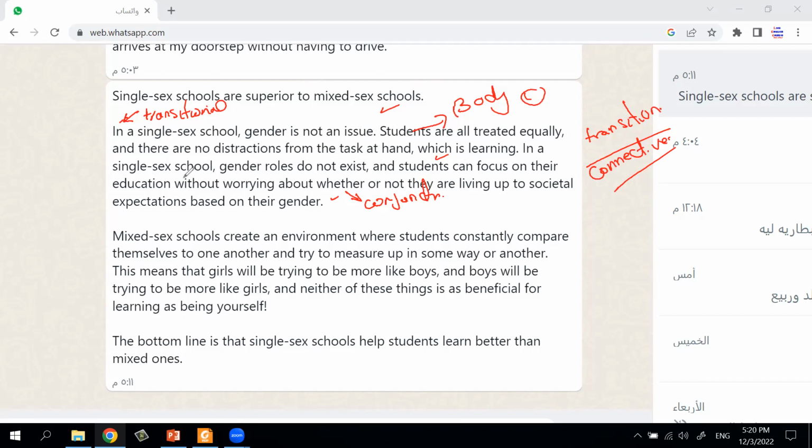In a single-sex school, gender roles don't exist, and students can focus on their education without worrying about whether or not they are living up to expectations based on their gender.